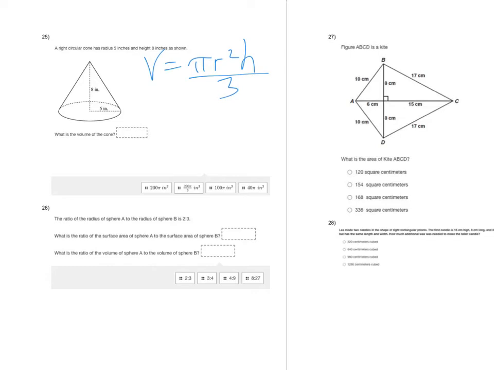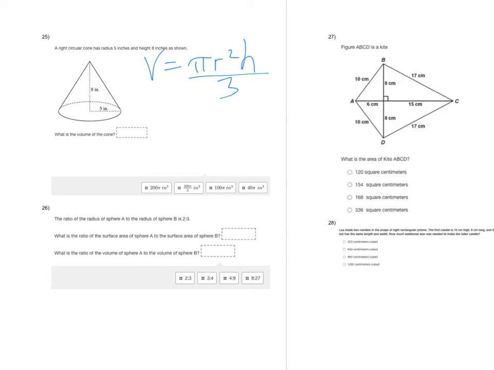Remember that the numerator here is just the formula for the volume of a cylinder, and if you take the volume of a cylinder and then you have a cone with the same base radius and the same height, the volume of that cone will always be exactly 1/3 of the volume of the cylinder. So that's the idea here. If you prefer to write this as 1/3 times this, of course that's the same. Whether you multiply by 1/3 or divide by 3, you're going to get the same thing.